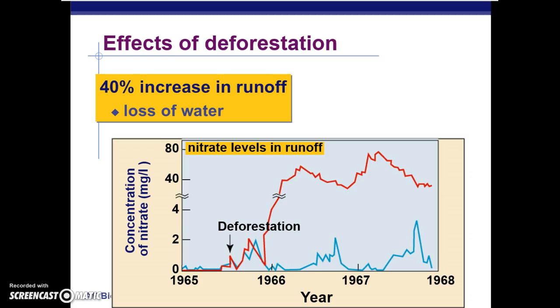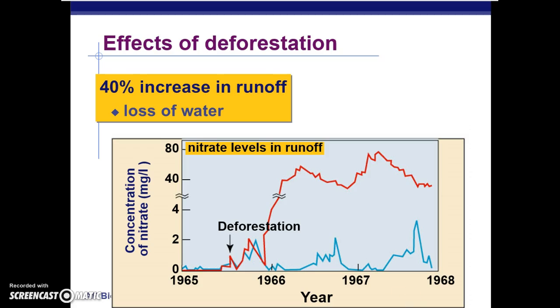And then when you actually have runoff of water, you're also taking other geochemical cycle nutrients with it. So, for example, the nitrate levels in runoff are very high. So the nitrate in the soil actually is being leached out of the soil through this runoff.